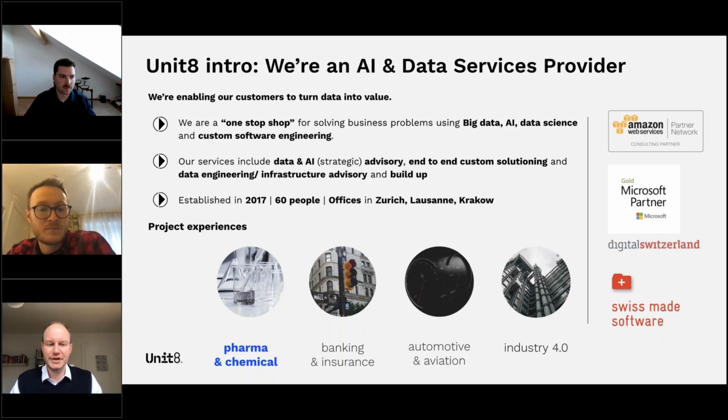We've been around for 3 years, and we have offices in Lausanne, where our headquarters is, and in Zurich and in Krakow, Poland. Pharma and chemicals is one of our focus industries, but we're also active across a range of other industries, as you can see at the bottom, with a focus on the not digitally native industries.